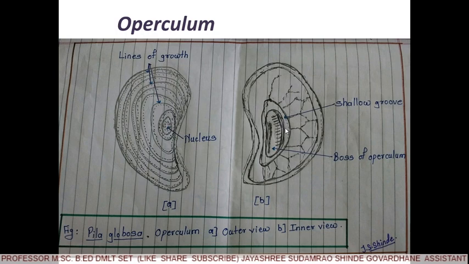It shows a boss. It is the attachment for muscles, known as boss, and it is cream colored, surrounded by a shallow groove. It serves for attachment of muscles which can operate the operculum.